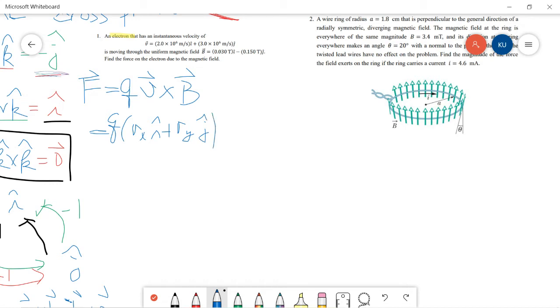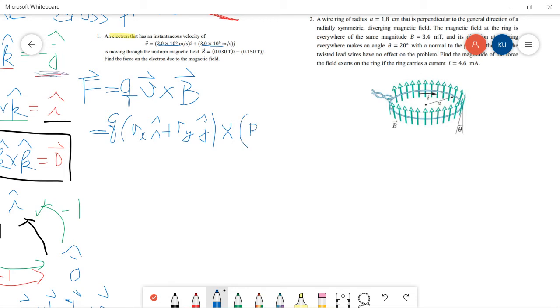For now, 2.0 times 10 to the 6 is Vx, 3.0 times 10 to the 6 is Vy, and cross B is this.